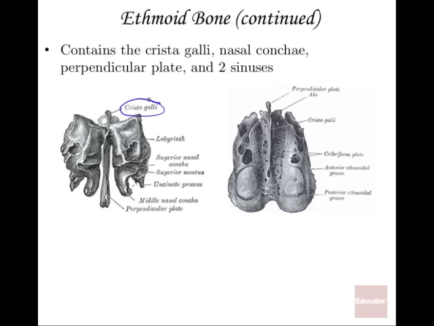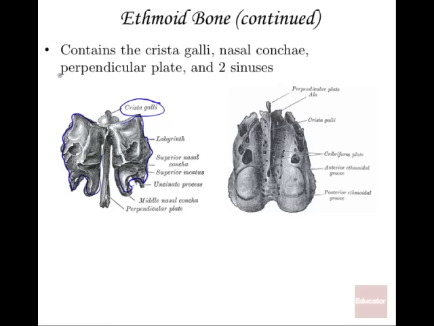The nasal conchae, these sections all in here, are nasal conchae. Conch, like from Lord of the Flies, that particular spiral shell. Conchae are these caverns that are all twisting, making up those nasal cavity bones.